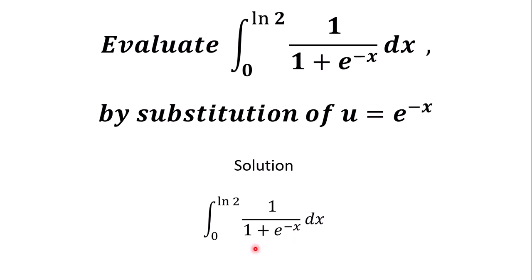The question says we should solve this by using the substitution u is equal to e raised to the power minus x, and that is going to be our first step.